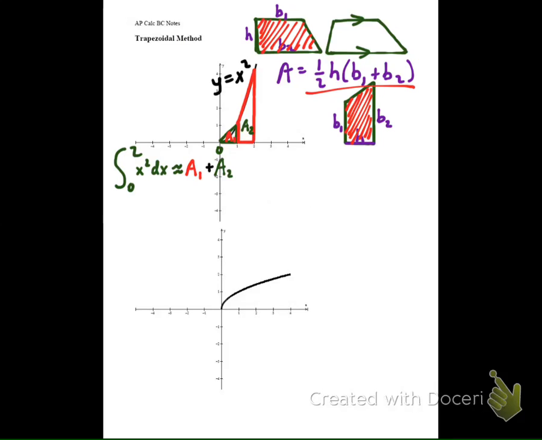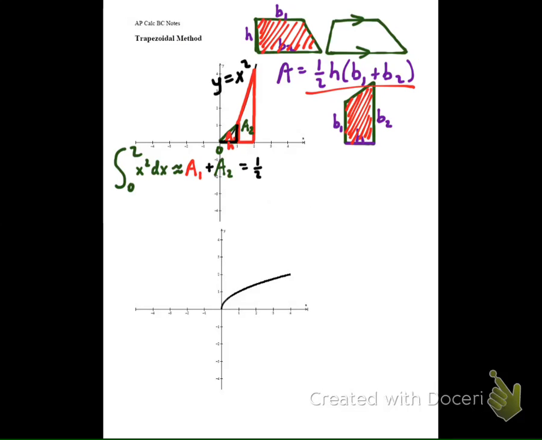The area of the first trapezoid is just the area of that triangle. So we can use the area of the triangle formula: 1/2 base times height, so 1 times 1 is 1, so we have 1/2. Now if we wanted to use the area of the trapezoid formula, we would go 1/2 times the height. Remember the height, which we talked about?